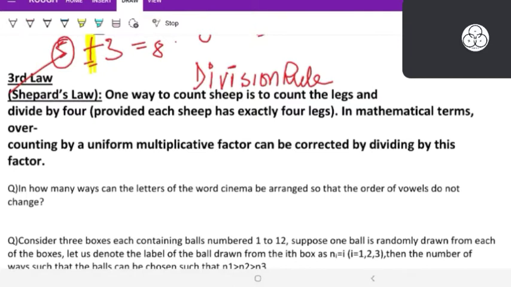One way to count the sheep is to count the legs and divide by 4, provided each sheep has exactly 4 legs.